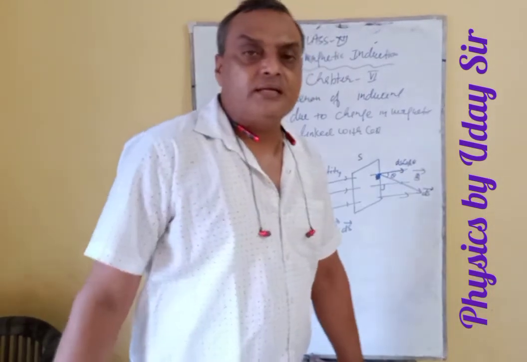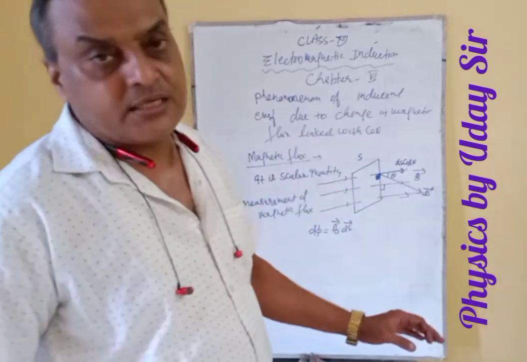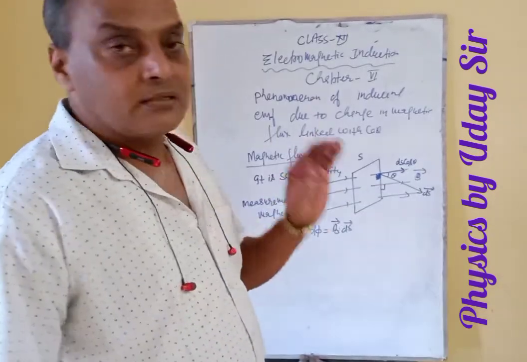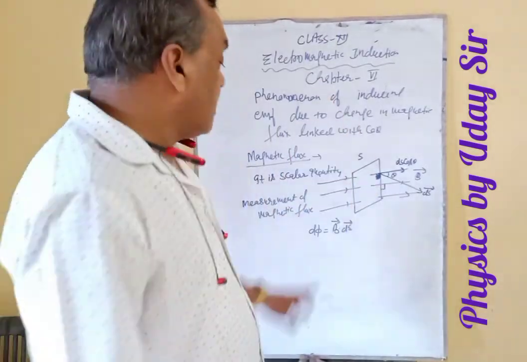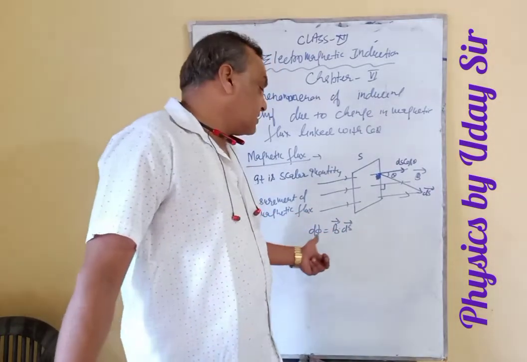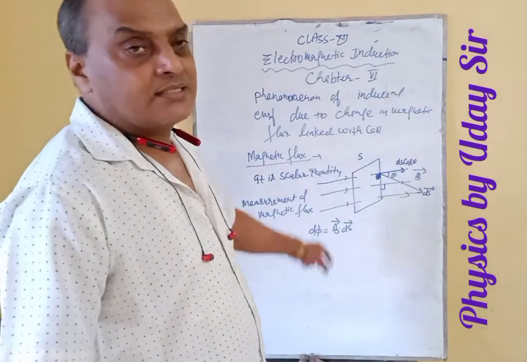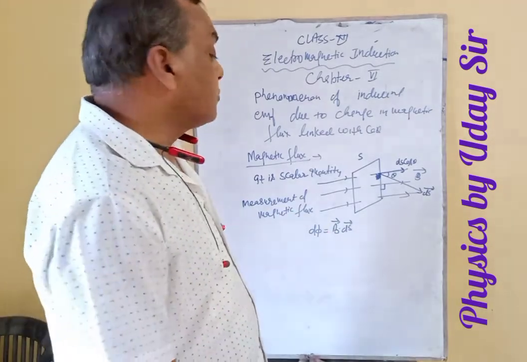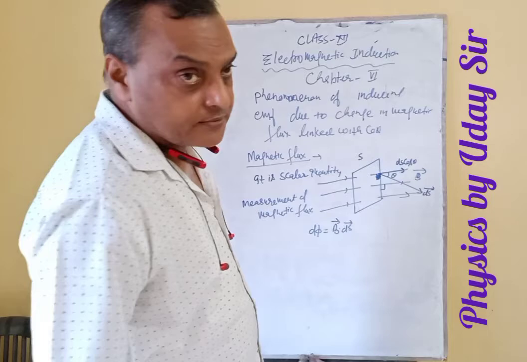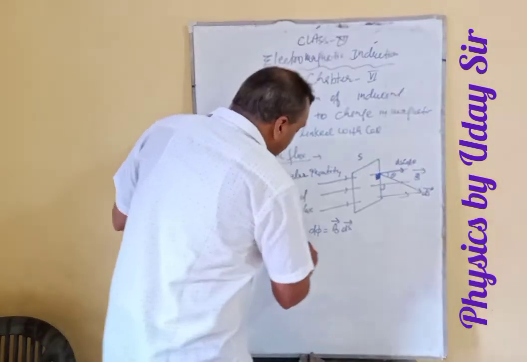B magnetic field, ds area element, we consider the scalar product of the two vectors. The property of this is that it is still a scalar. So magnetic flux is a scalar. The total flux, what is that?